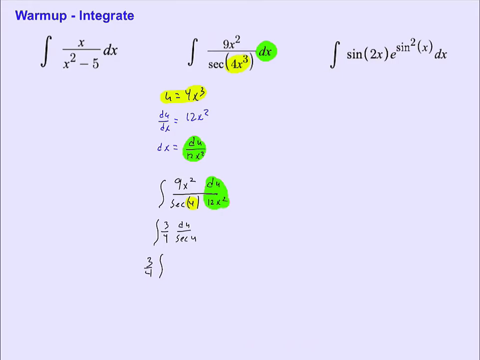And the antiderivative of 1 over secant of u, I might not think I know it. It might not be one that I've memorized in that form. But 1 over secant of u is the same thing as cosine of u.